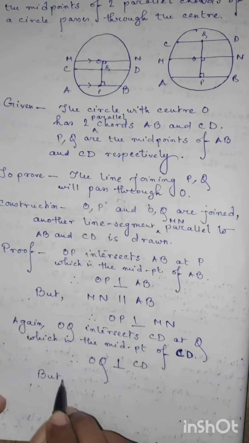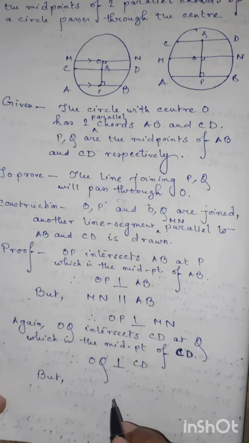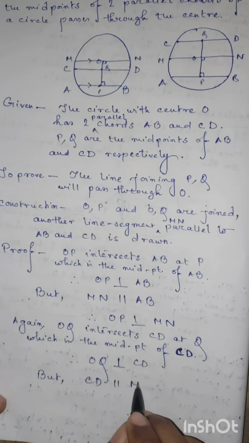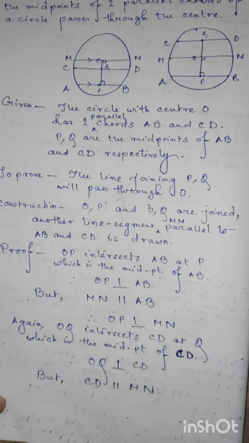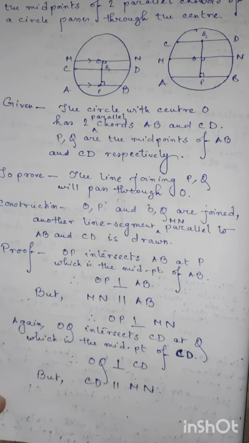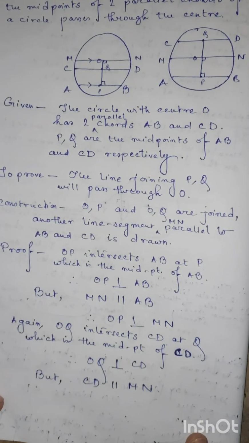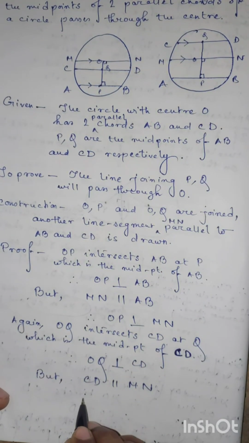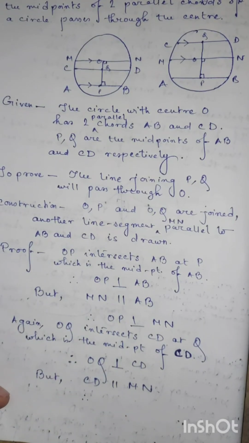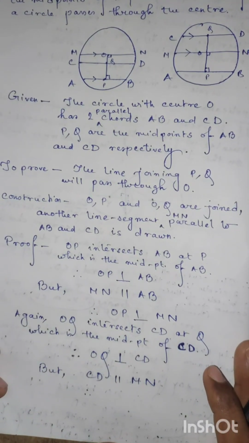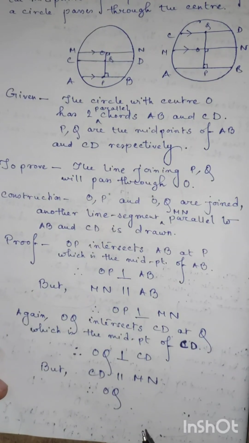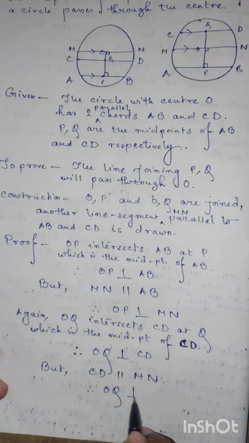But CD is parallel to MN. Okay, CD is also parallel to MN. Therefore, OQ is perpendicular to MN.